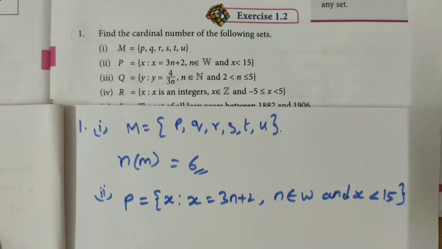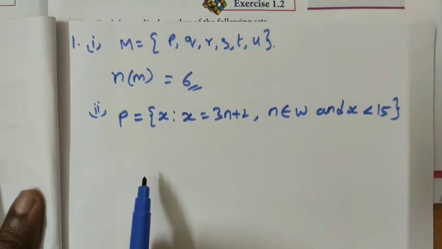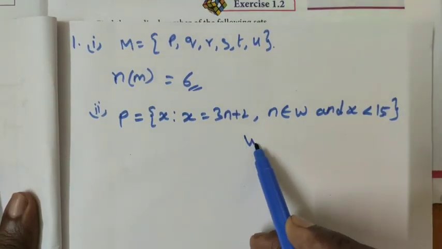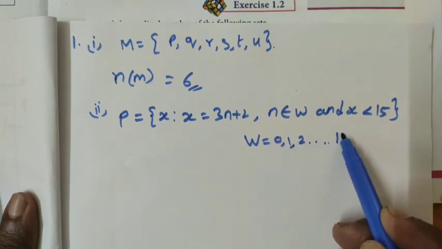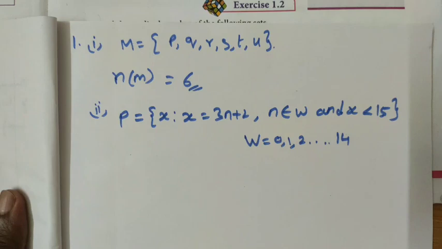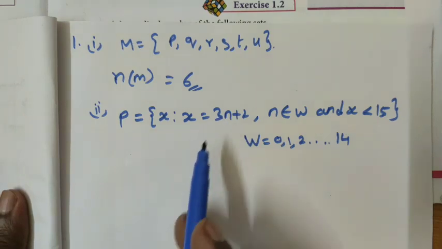How many elements are in the set, we have to find out. First, the whole numbers are 0, 1, 2, and x less than 15 means up to the number 14, right? So, x is equal to 3n plus 2 is given.